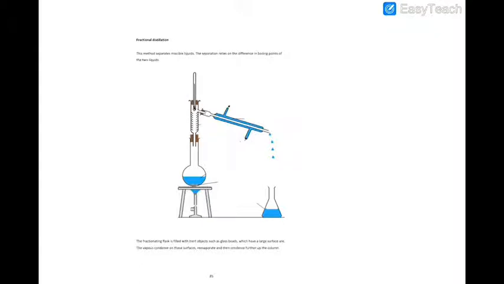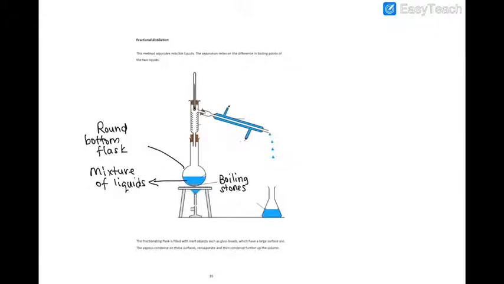So you have two different liquids in the mixture here in the round bottom flask, and again we put in boiling stones to prevent excessive bubbling. We have the Bunsen burner at the bottom that is going to heat the mixture.